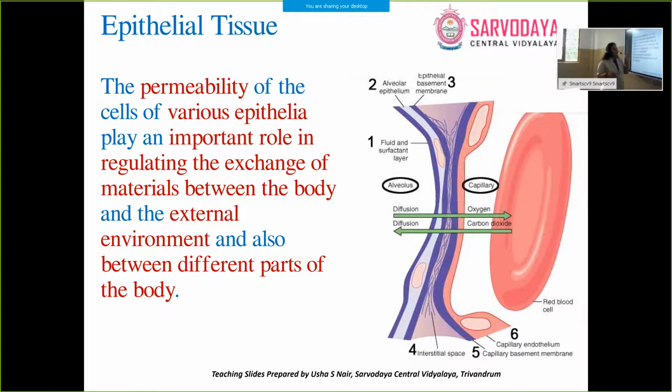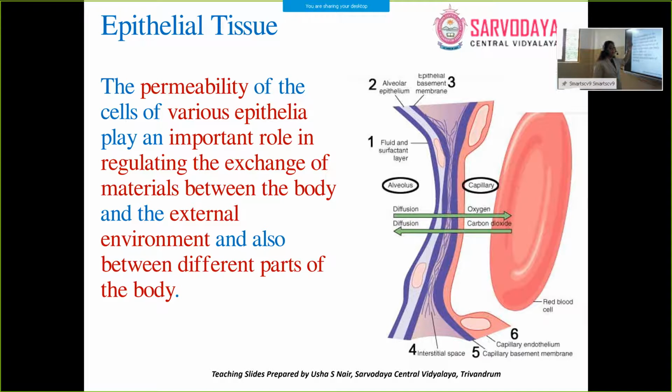Now here, for epithelial tissue, you don't have to worry about the diagram; it is just to help you know what is given in the slide. Permeability means molecules move through diffusion in and out of the body.